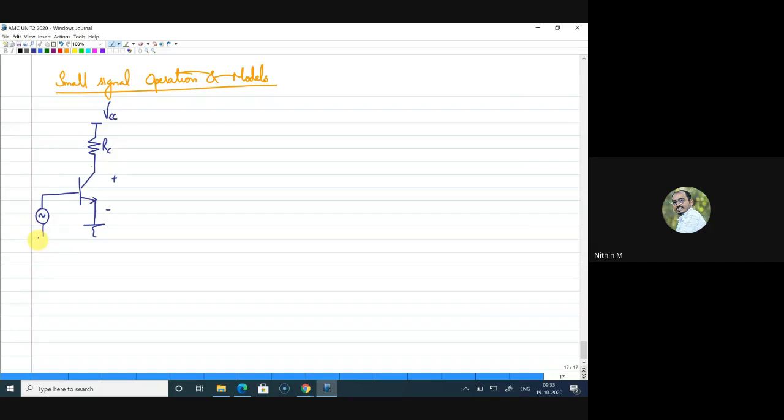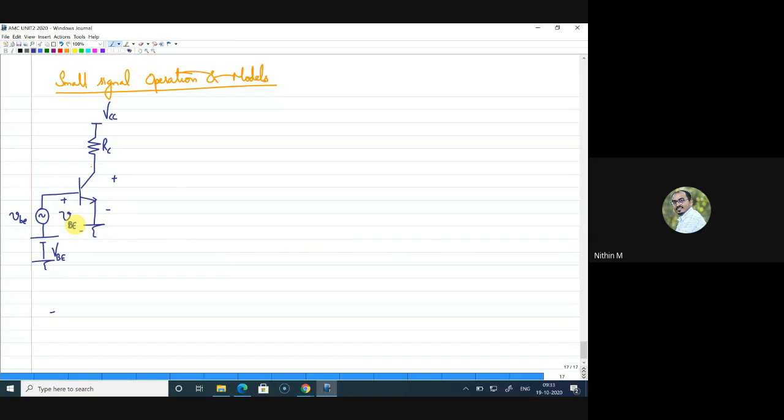Now we know that a signal cannot directly bias the device, so we have to also provide a DC voltage. So the DC voltage I'll mark as VBE, and if it is a signal voltage I'll mark it as small vbe. So in fact I have a composite voltage here, I mark it as small v capital BE, right?